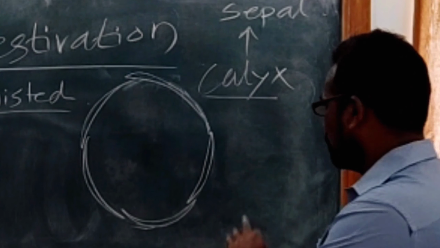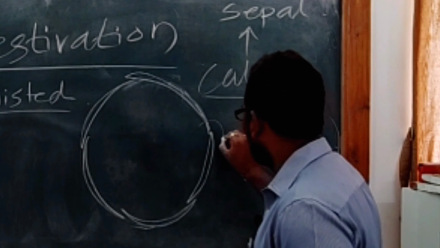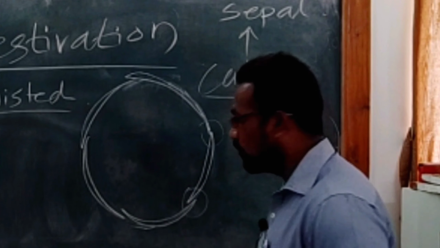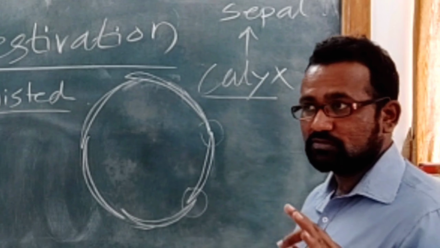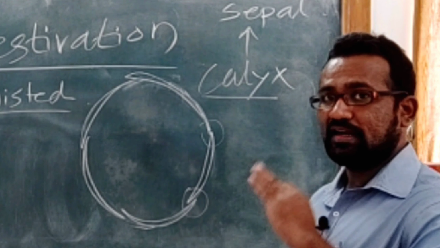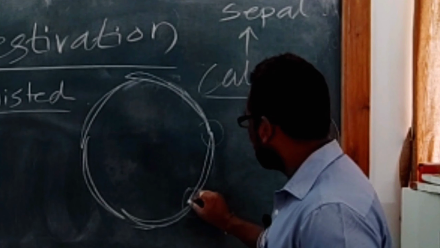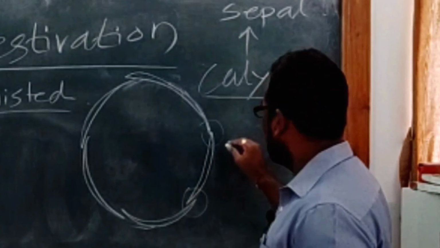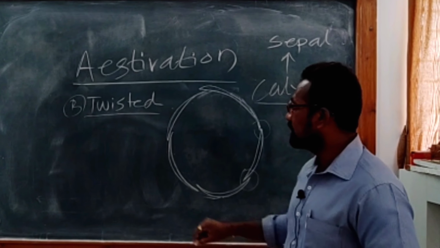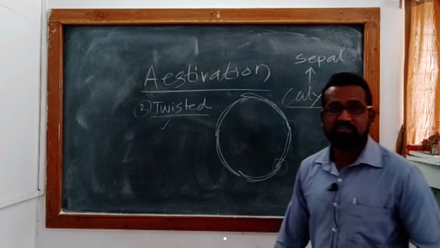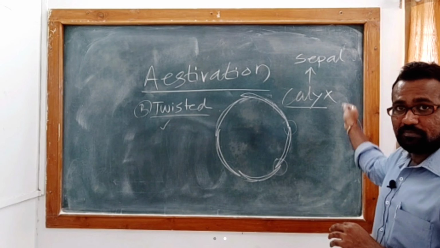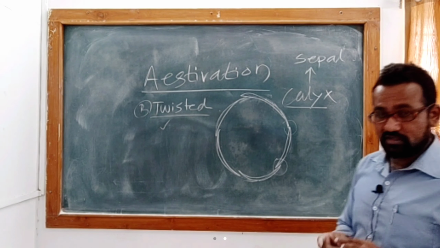If you zoom, you can find there is an overlap. Each sepal shows one side at the inside and one side at the outside. Each sepal has the same story. In that case, you can see it is a twisted type of aestivation. Here we have talked about sepals in calyx. In corolla, the same story is repeated.